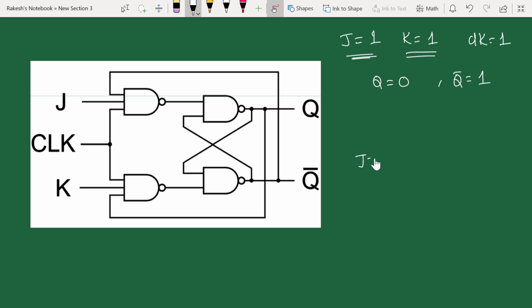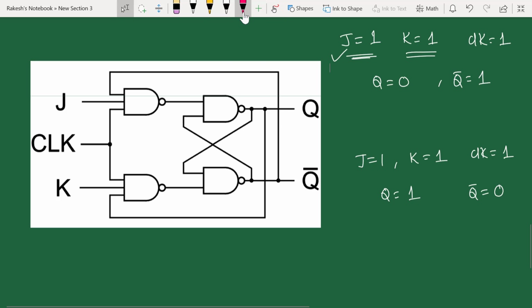Similarly I'm considering the second case, J equals 1, K equals 1, clock also 1. This time considering my Q as 1, Q bar will be 0. First we'll start with the first case, so now I'm going to consider my Q as 0 and Q bar is 1.